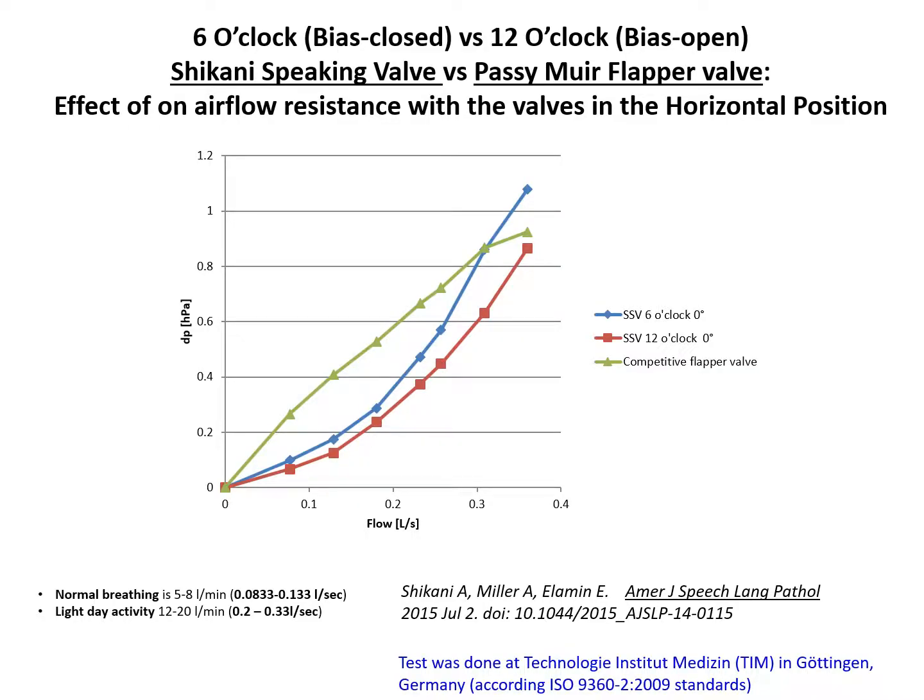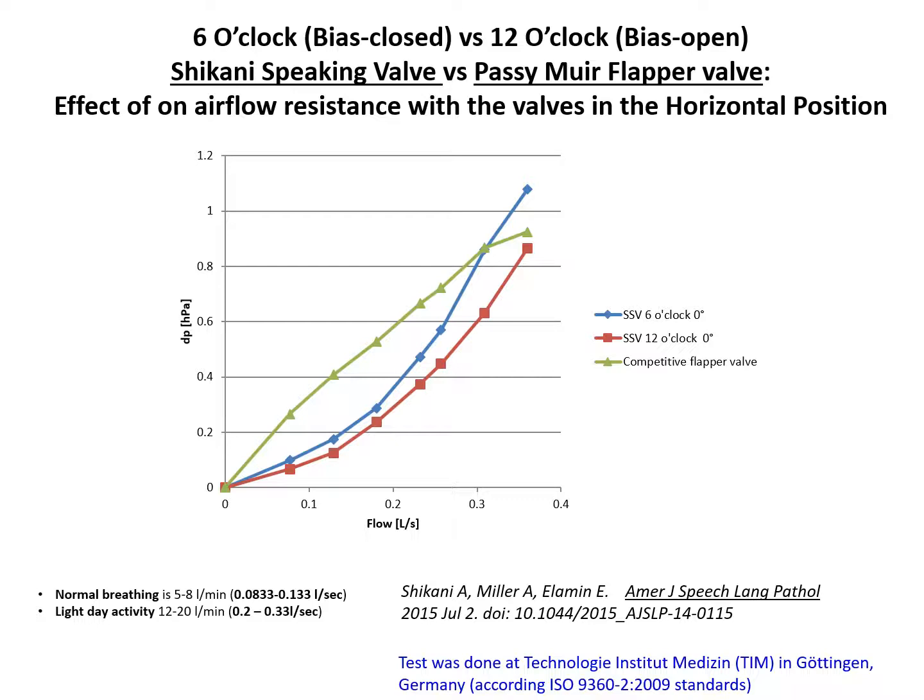This graph shows the result of the airflow resistance measuring pressure versus flow. The green line on the graph shows the competitive Passy-Muir flapper valve, the blue the Shikani speaking valve in the 6 o'clock position, and the red Shikani speaking valve in the 12 o'clock position.